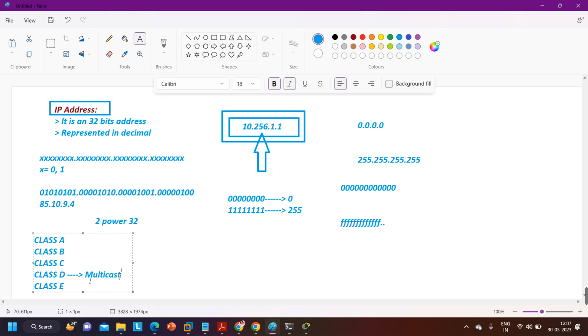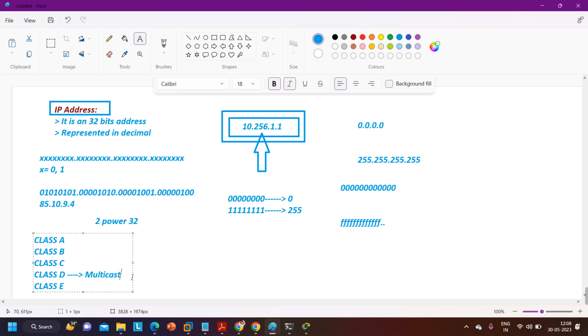Multicasting means, like we have routing protocols like OSPF, EIGRP. You guys are familiar with these routing protocols? These routing protocols need one multicast address. These protocols work on multicast address. In an upcoming day we will understand that also.